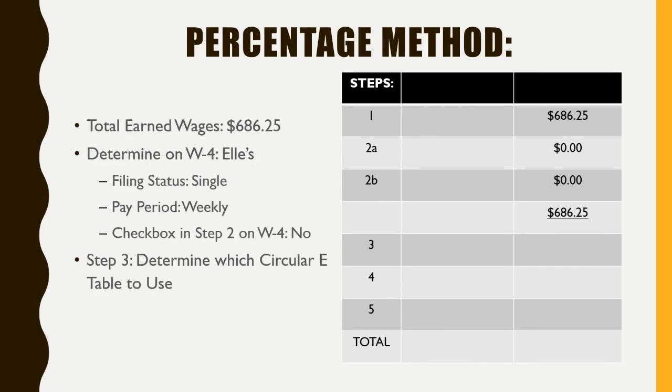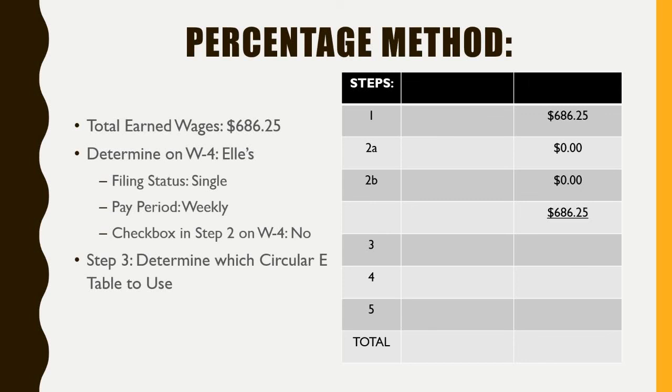So then let's talk about step 3. Step 3 is going to be determining how much income tax withholdings we need to take off of her amounts here. We already know this amount.